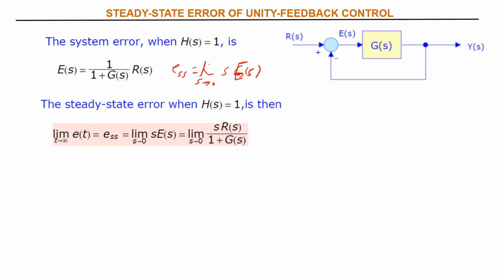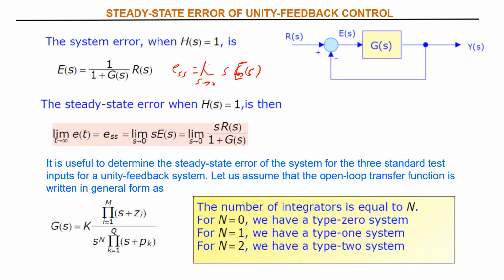Okay. Now, suppose I put G of s in a very general structure. Suppose G of s is a constant multiplied by some zeros in the numerator, some poles at the origin, multiplied by poles somewhere else.